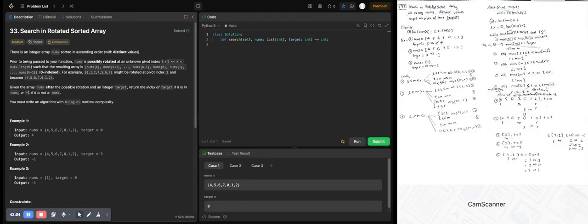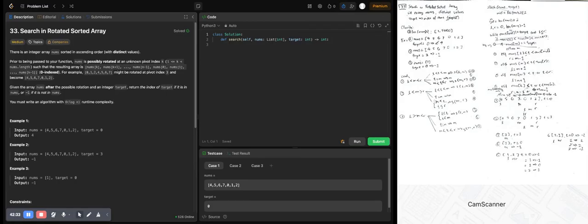How about we have 1 and 2, target is 0. In this case mid will be here. Sorry, length of 2 divided by 2, mid will be here. Left and right.